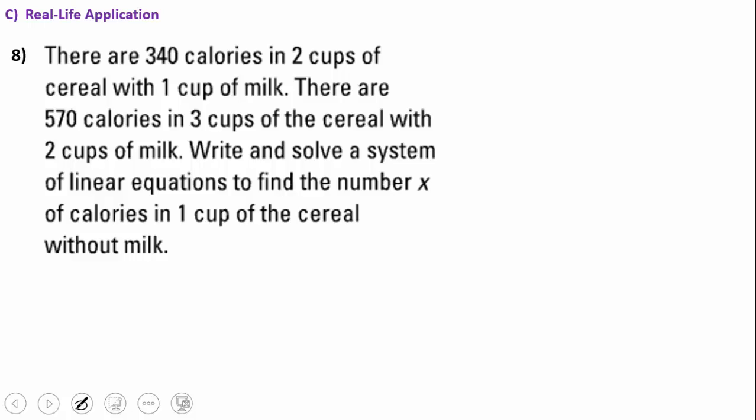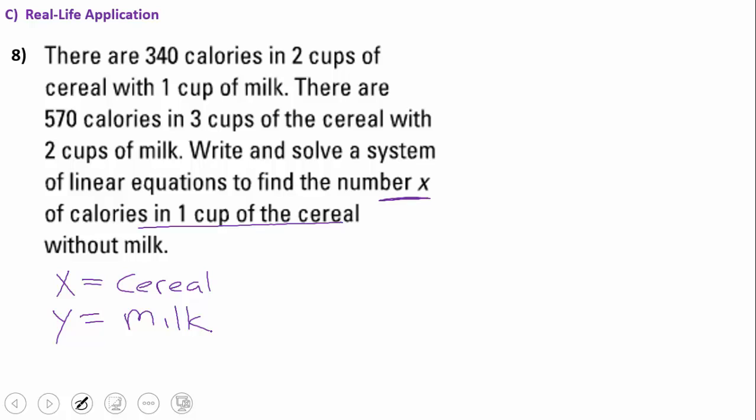Since it's asking us to find the number x of calories in a cup of cereal, we're going to say x is our cereal calories, and y will be the calories in the milk, although we only have to answer one. It's only asking us for how many calories are in 1 cup of cereal.